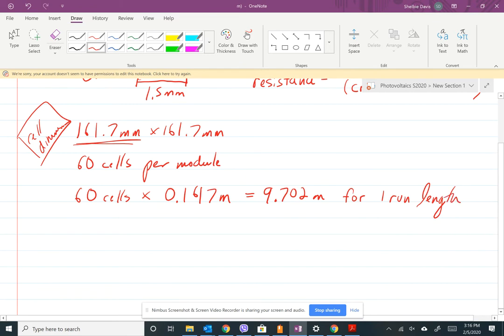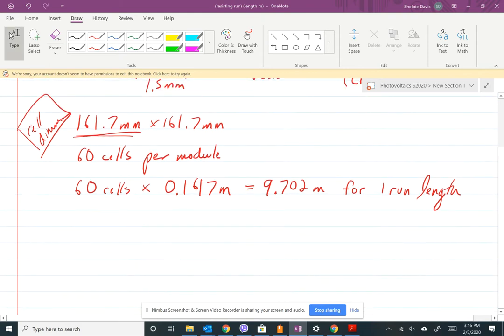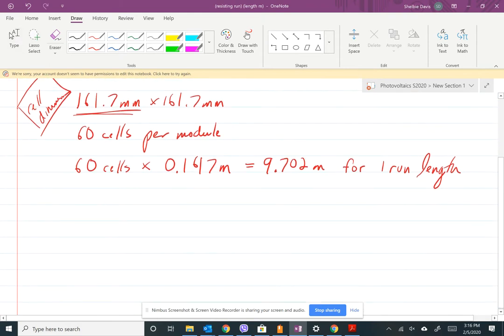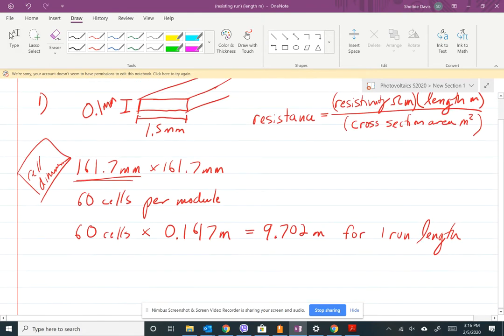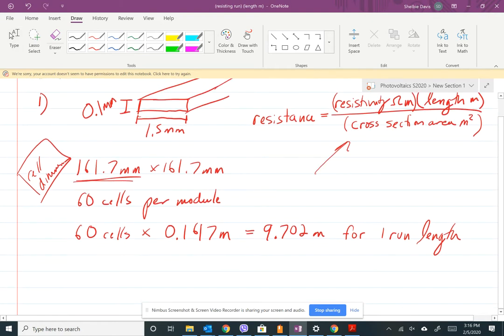Okay. So our resistance now, we're going to plug in what we know up here. So I'll rewrite it.